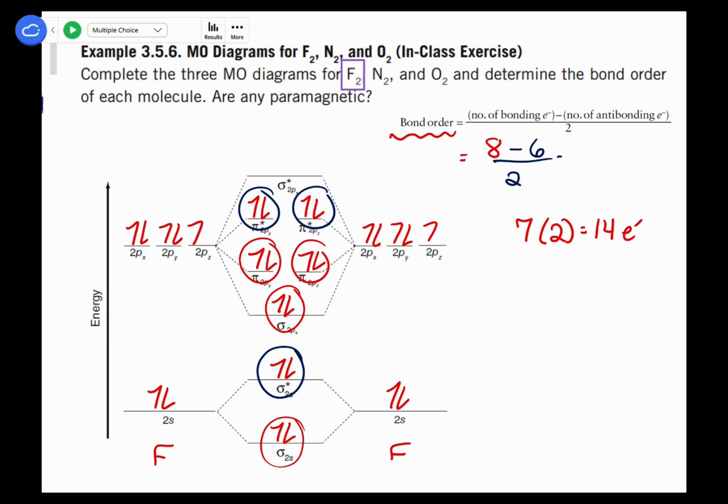I divide by 2. 8 minus 6 is 2, divided by 2 is 1. Diatomic fluorine has a bond order of 1, and that matches our Lewis structure, which is really nice because these theories go together, but we're going to see when we come back after the weekend that it can also correctly predict paramagnetism and diamagnetism when we get to the next example of nitrogen and oxygen, which is next class.